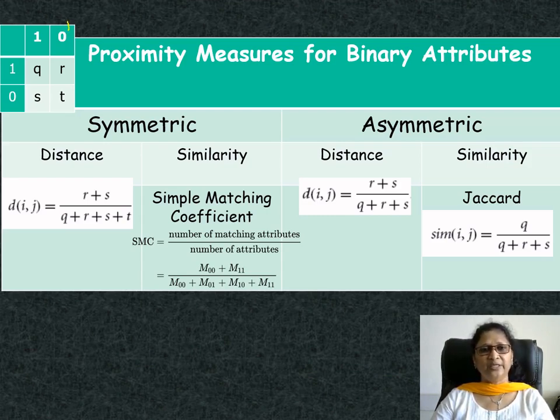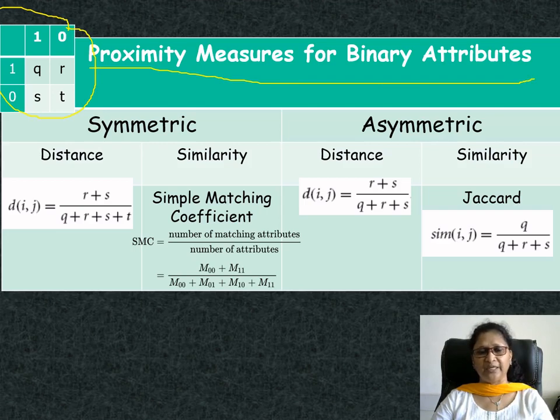This is a contingency table which you have to fill in first for the given values, and then proximity measure for binary attributes is to be computed based on whether it is symmetric or whether they are asymmetric. If the binary attributes are symmetric, then you have to go for simple matching coefficient to compute their similarity, and the formula is M00 plus M11 divided by sum of M00, M01, M10, M11.